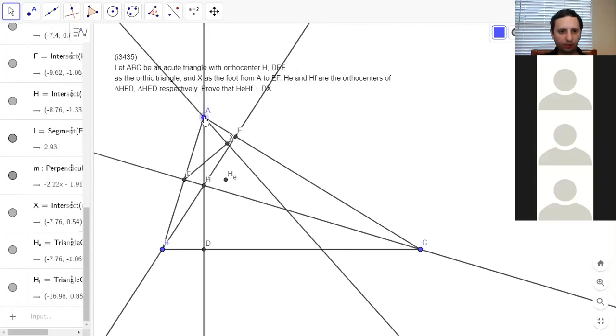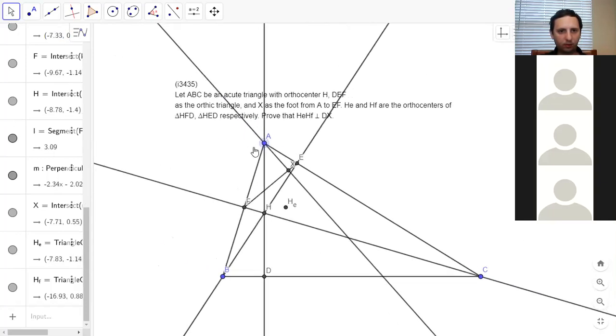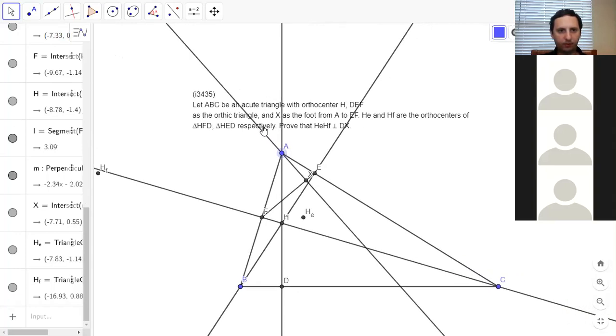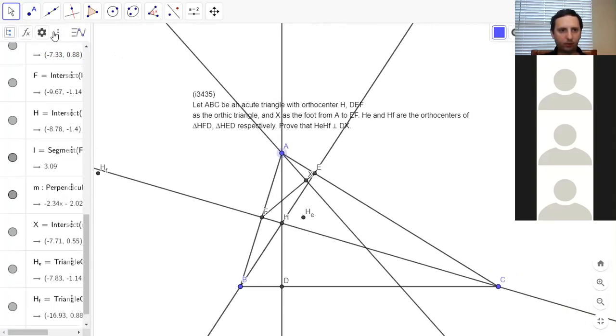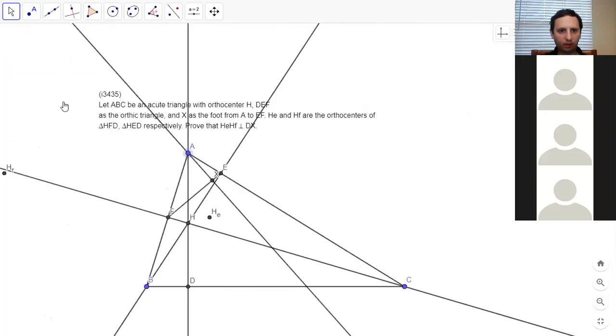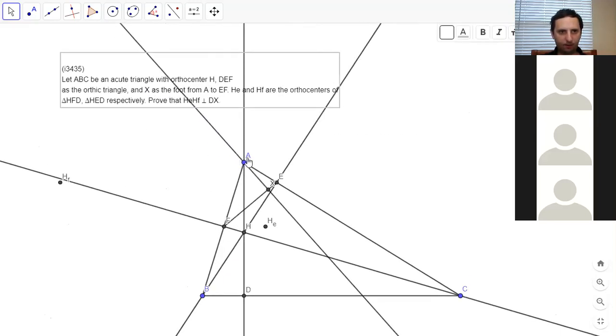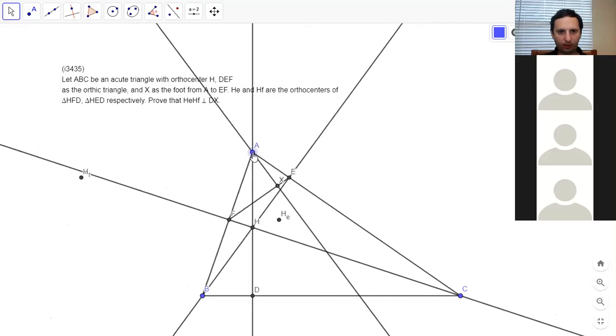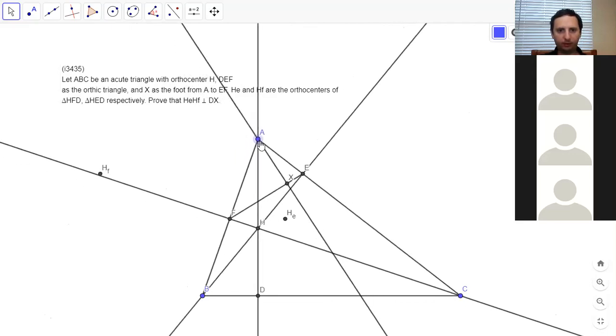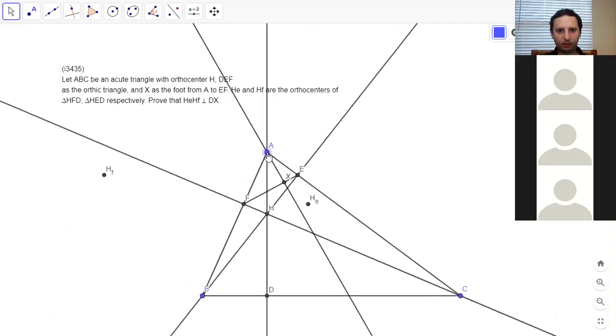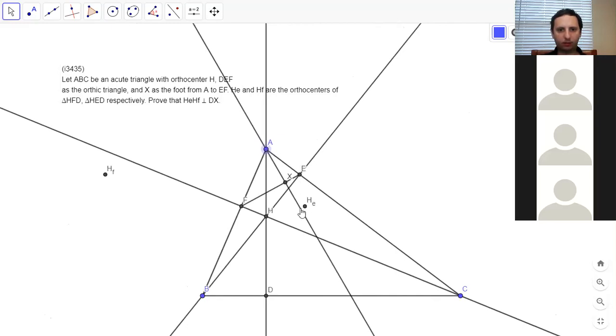Where is H_F? Is it way over? There we go. So let me close this and hide a few things that we don't need. We want to prove that H_EH_F is perpendicular to DX. So that looks okay.